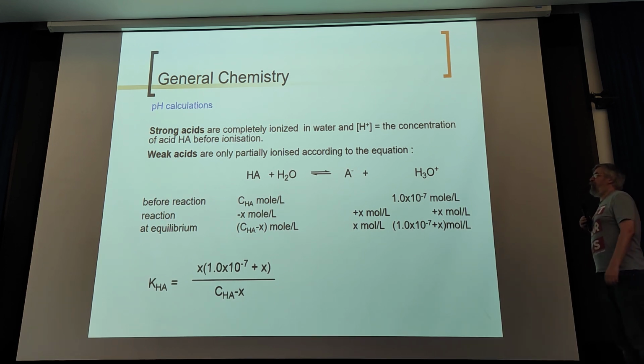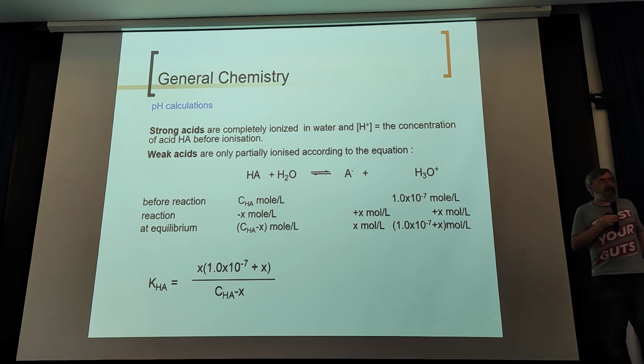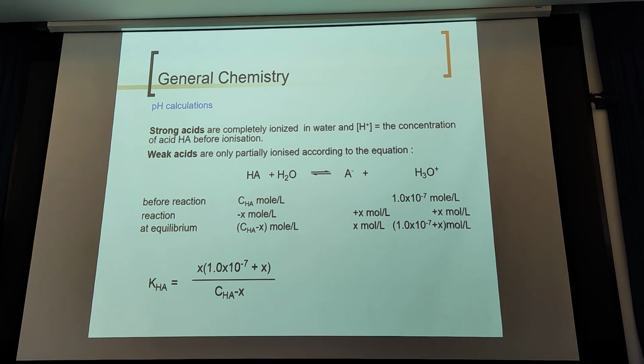Now, if you have a weak acid, you're going to need a little bit more work, because now we have to work with the tables and with the equilibrium constant that we can find over there. So here we have the general way to do it. There's a certain concentration of the weak acid, concentration HA. There's H3O+ already present in the beginning from the auto-ionization of water.